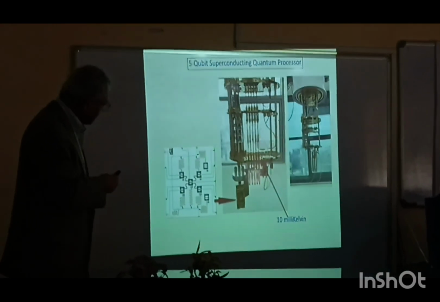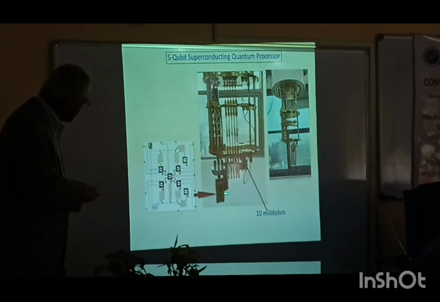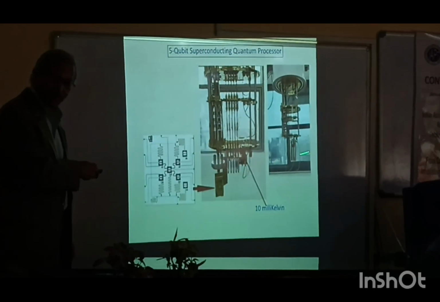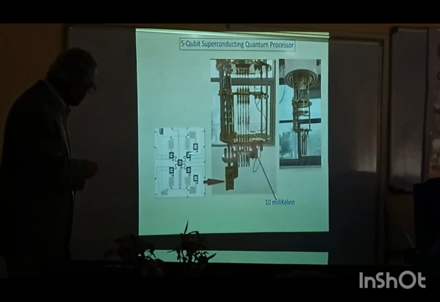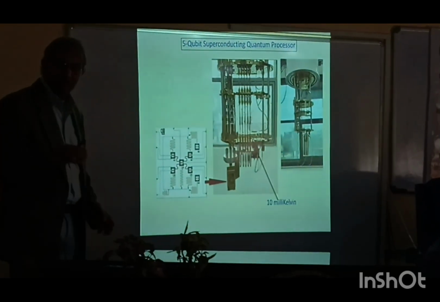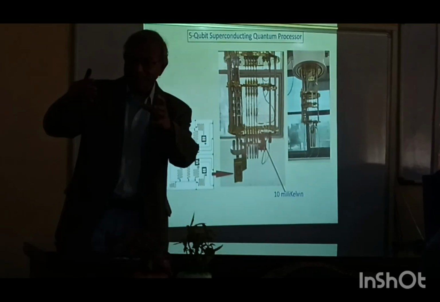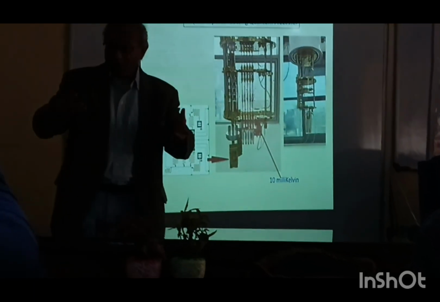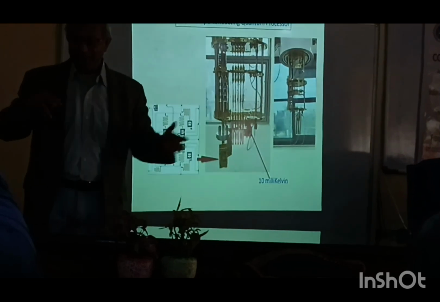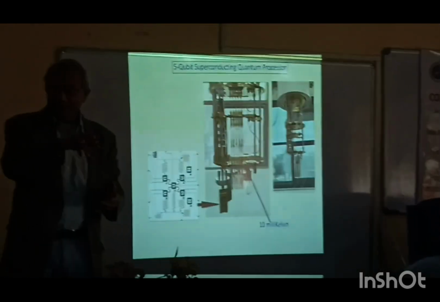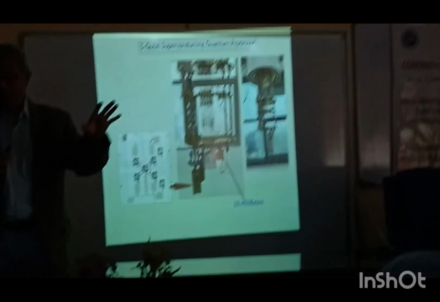A few days back we changed this from the 1 qubit system. We put a 5 qubit chip here: 1, 2, 3, 4, 5 qubits, and these resonators are now two-dimensional. It's not boxes, because if you have to work with many, then the boxes you cannot fit in there. It takes too much space. In 2 dimensions also you can design a structure that behaves much like the box.